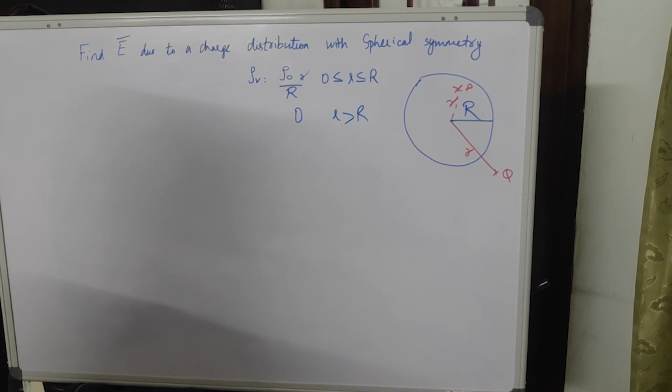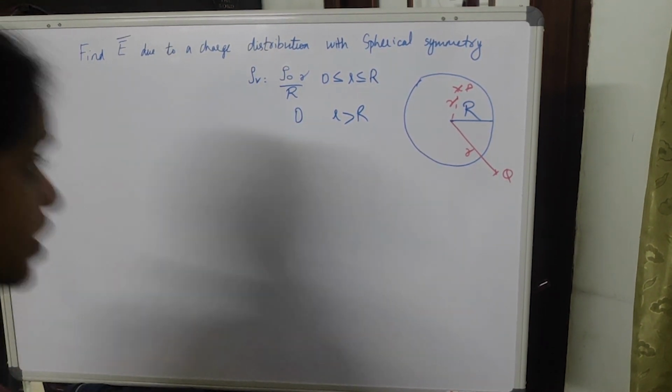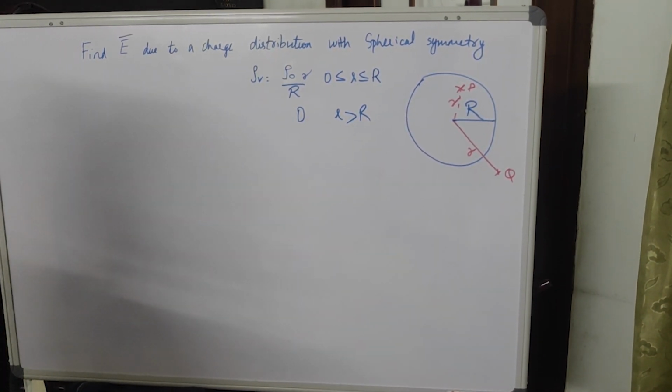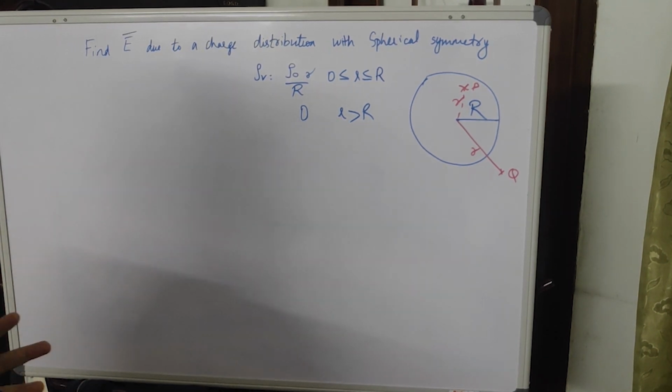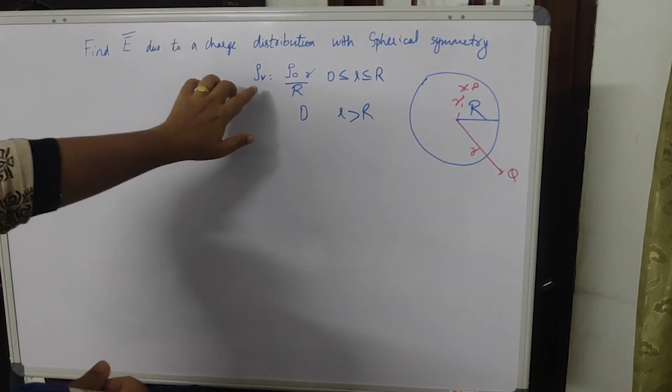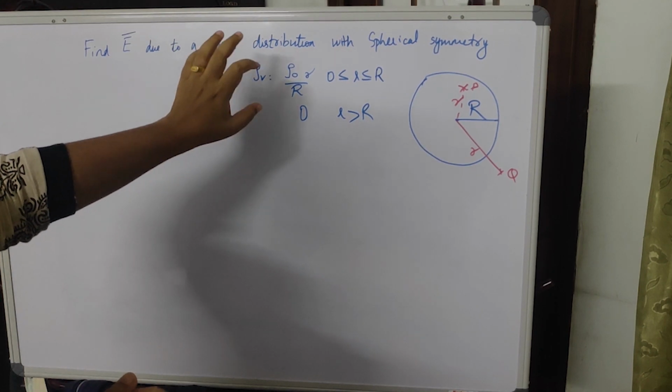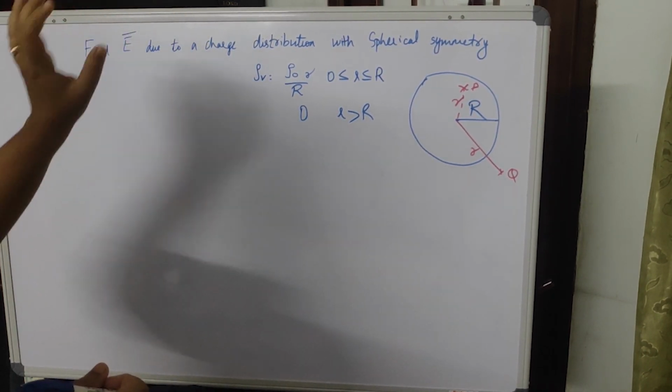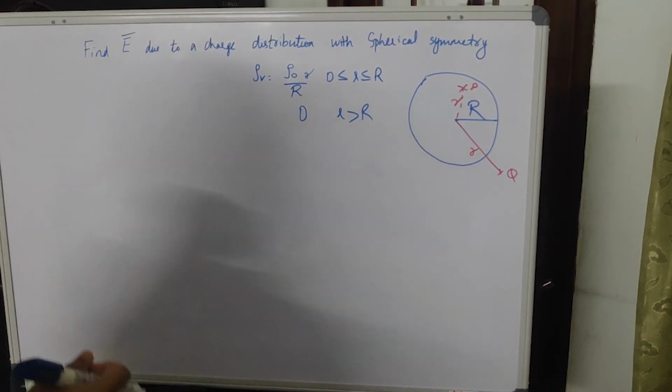So when you have to calculate the electric field, you just realize which law or which equation to apply. Something connecting charge density and electric field or electric flux density is Gauss law.